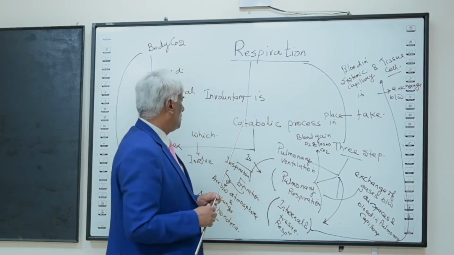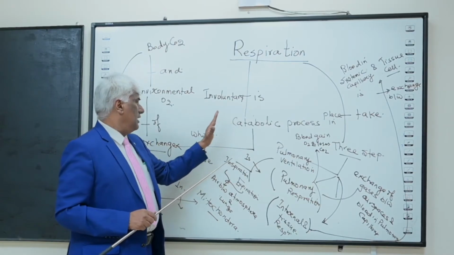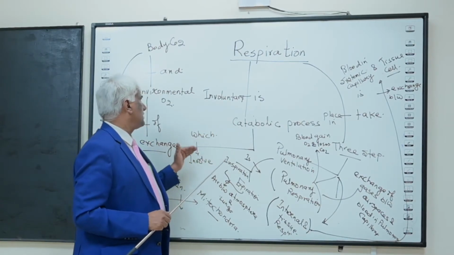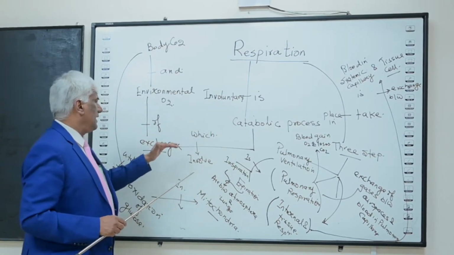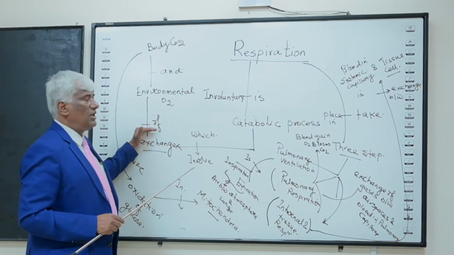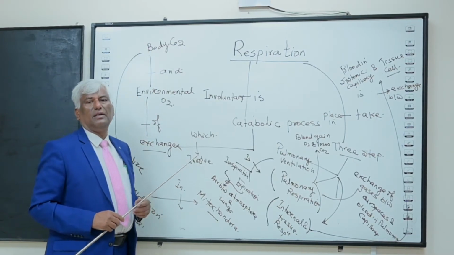Before going to the next point, I would like to discuss with you: when I said it is a catabolic process, what is going on in respiration? It involves the exchange of environmental oxygen and body carbon dioxide.